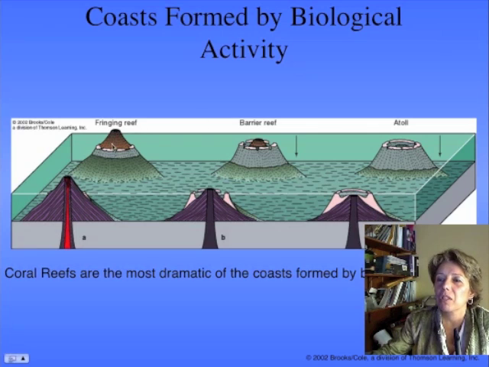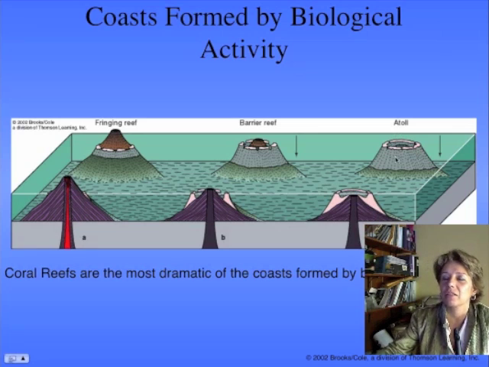So a fringing reef is around a young volcano, a barrier reef around a middle-aged volcano that's begun to erode, and an atoll is around an old volcano that doesn't exist anymore, and all that's left is the coral reef around it. So they're all made out of coral reefs, 3 different kinds.